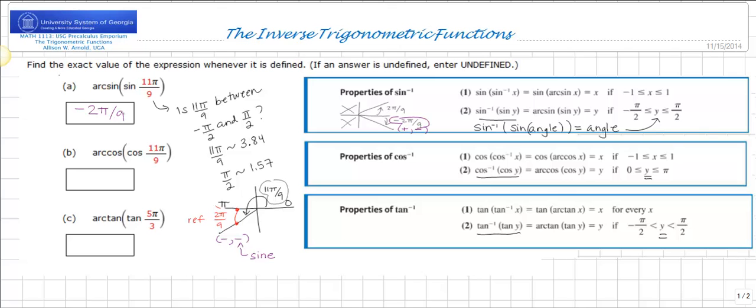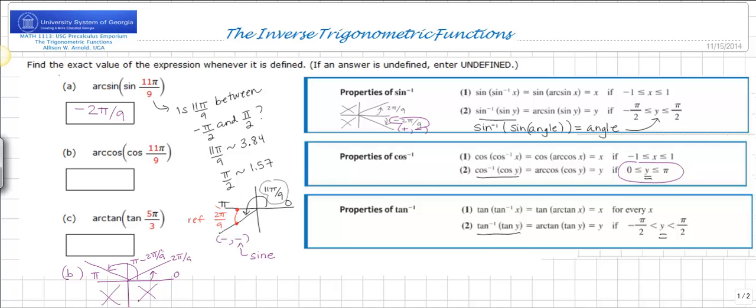All right, so we already know 11 pi over 9 is in quadrant 3. We know inverse cosine can only give you back answers in quadrant 1 or 2. So inverse cosine can only give you back the angle 2 pi over 9 or the angle pi minus 2 pi over 9.